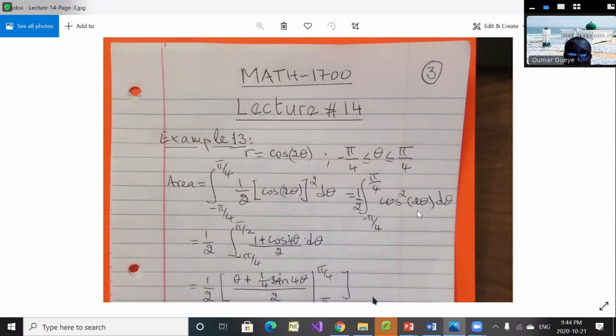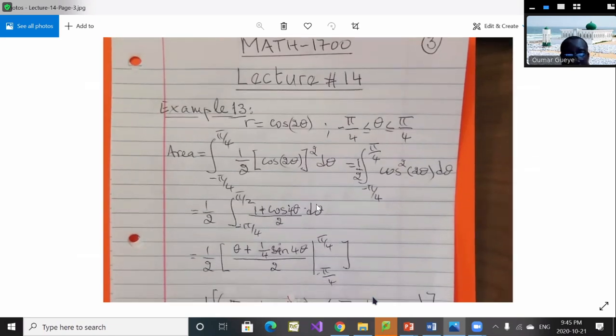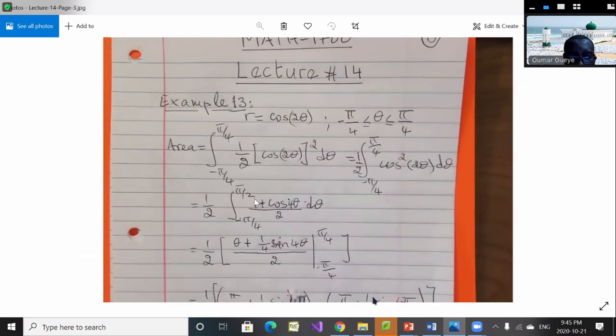From the second step, I just substitute using formula number 3, and I replace my theta by 2 theta. So I get here 1 plus cosine 4 theta over 2. And now we're ready to calculate the antiderivative. The first term is 1. When you integrate it, you get theta.